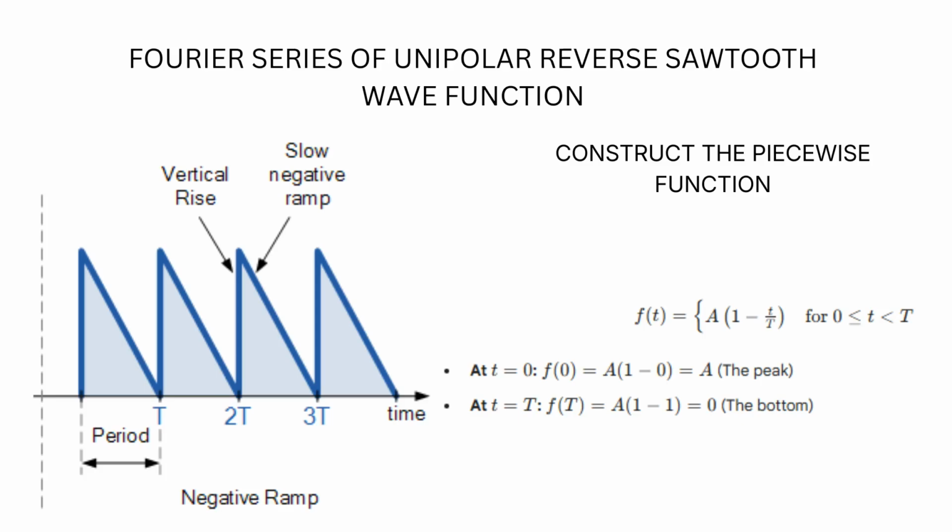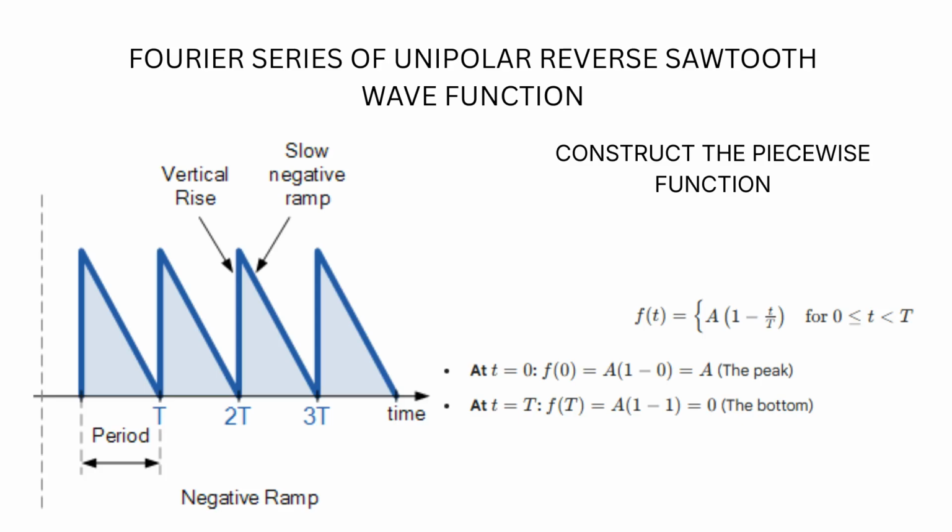So this function is written as f of t is equal to A times the quantity 1 minus t over big T, for t greater than or equal to 0 and less than big T. At t equals 0, the function evaluates to f of 0 equals A, which represents the peak value of the waveform.